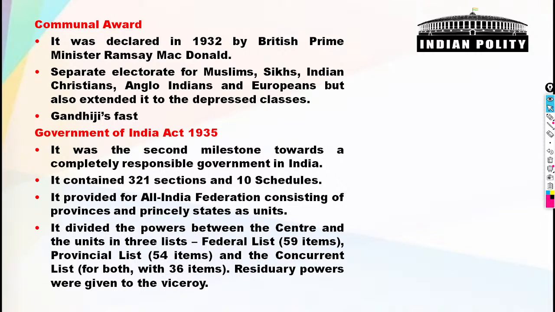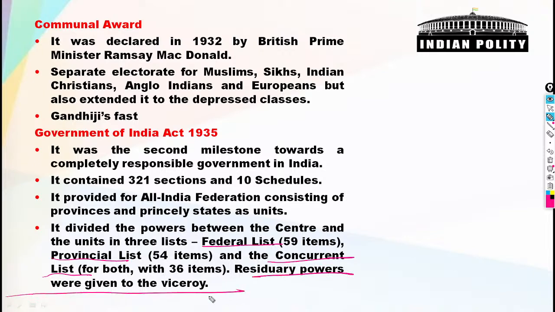And with regards to federation, it also provided for three lists that you can see written on the screen, that is the federal list, provincial list, and concurrent list. Today we have the union list, state list, and concurrent list. So this is called division of power, and this is an example of federation. But the residuary powers were given to the viceroy.